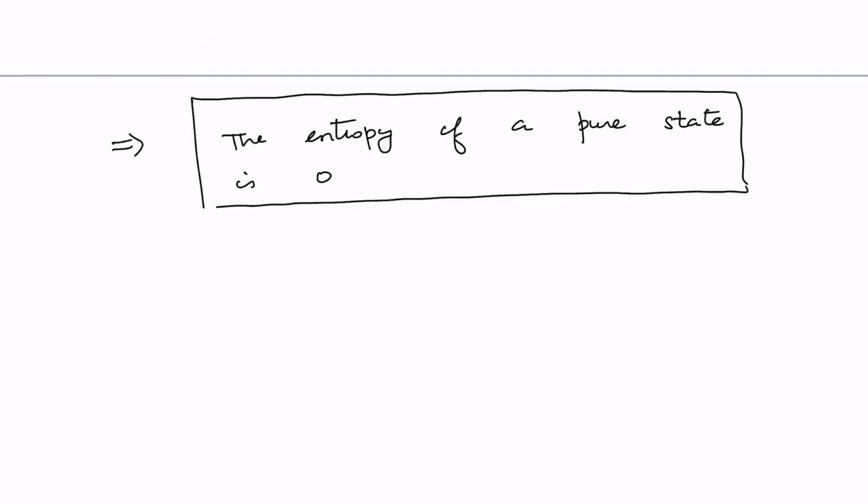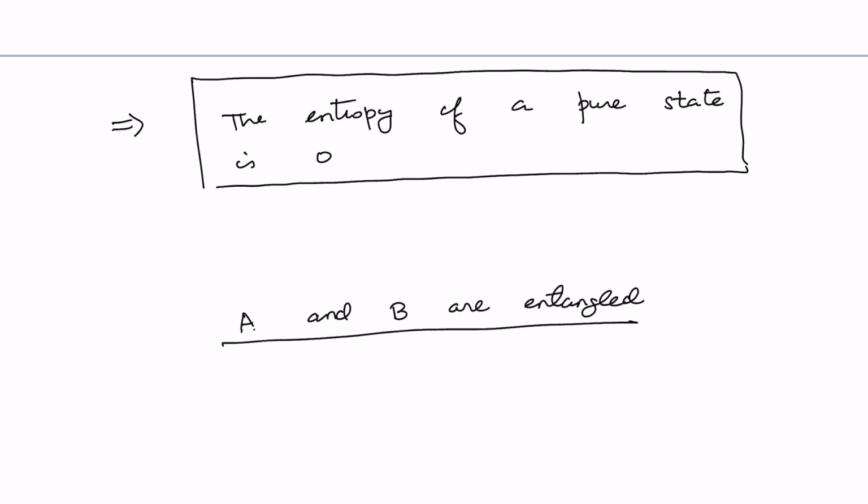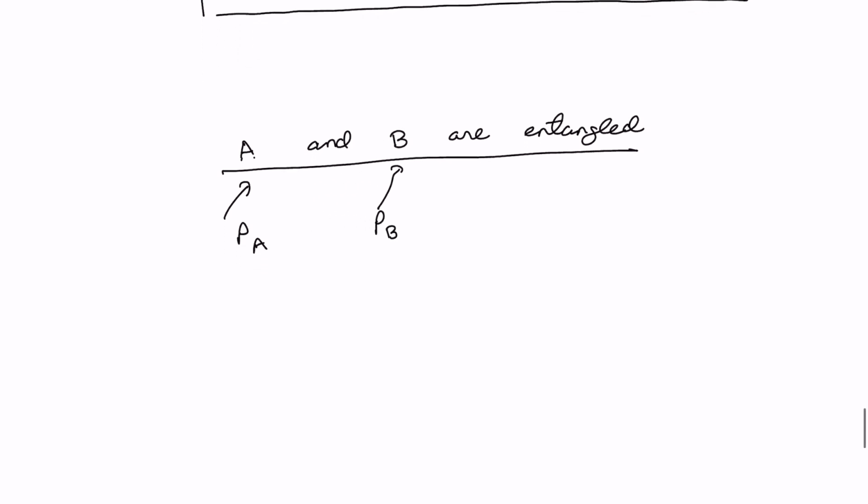Now we saw from our earlier discussion that when two systems A and B are entangled, the density operator corresponding to system A and the density operator corresponding to system B represent mixed states. This we discussed a while back.